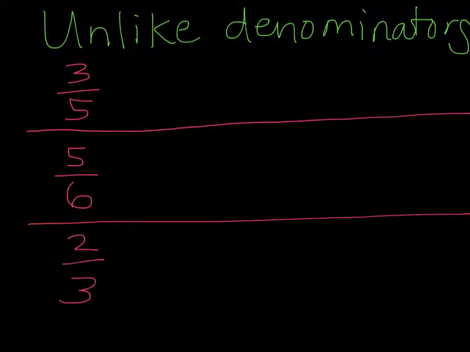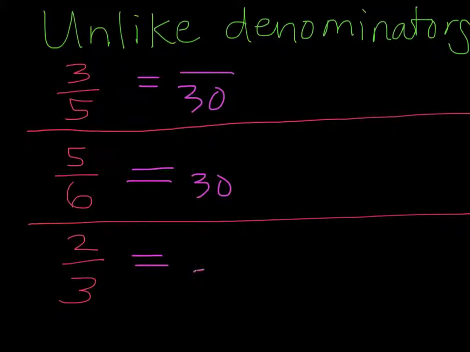I'm eventually going to want these to end up having 30 as the denominator. So I'm going to figure out what I need to do to those denominators to turn them into 30 pieces. I'm making equivalent fractions, fractions with the same relationship. I would have to multiply 5 times 6.